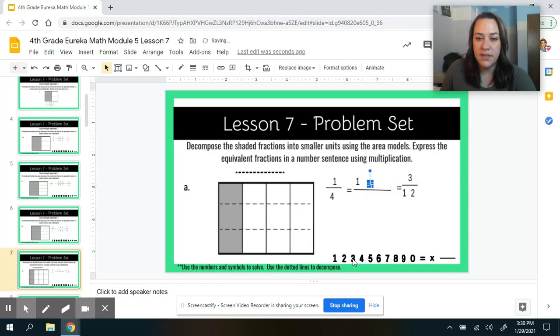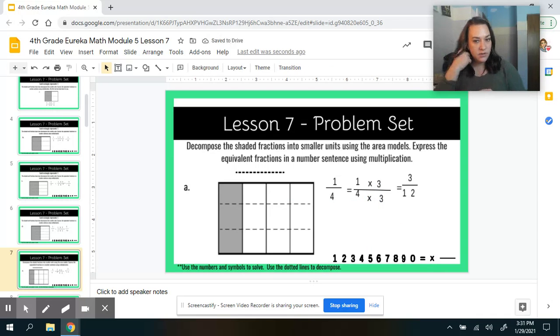And then if we do that same thing to the denominator, 4 times 3, then that should also give us 12. Is 4 times 3 12? Yes, 4 times 3 is 12. Good. Okay, so 1/4 is equivalent to 3/12. 1 times 3 gave us that 3. 4 times 3 gave us 12. We're multiplying our numerator and our denominator by the same number, so then it's creating that equivalent fraction.